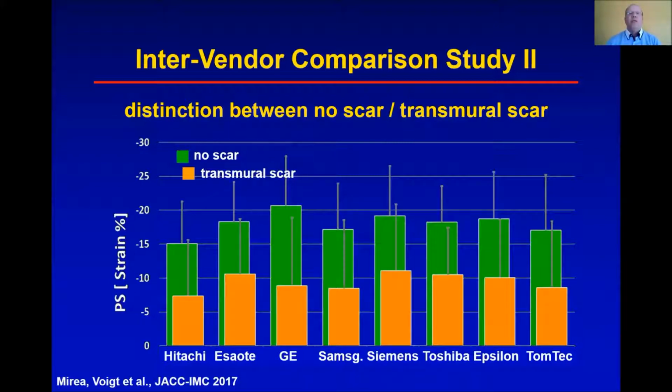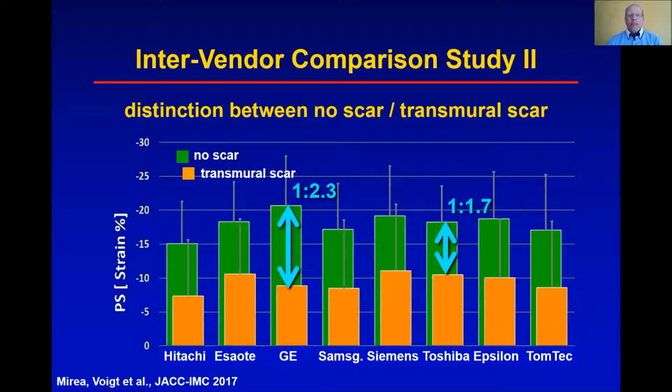And here you see a comparison of the strain values in the non-scar region and in regions with transmural scar. And you see also here that the different companies have huge differences in their strain values. So some companies have a very high difference between the normal myocardium and the transmural scar myocardium, and some companies have a very small difference.